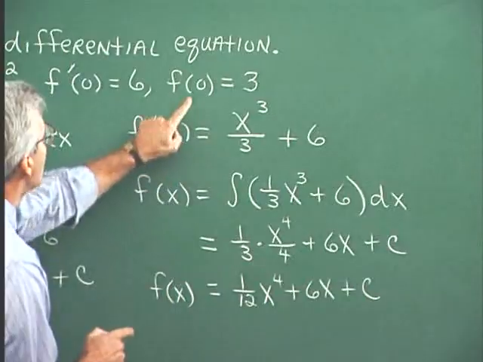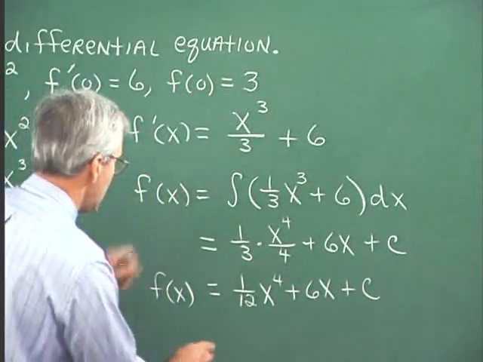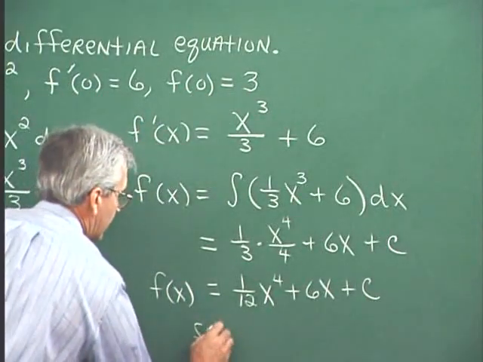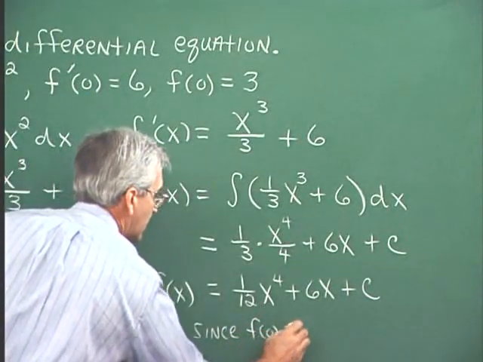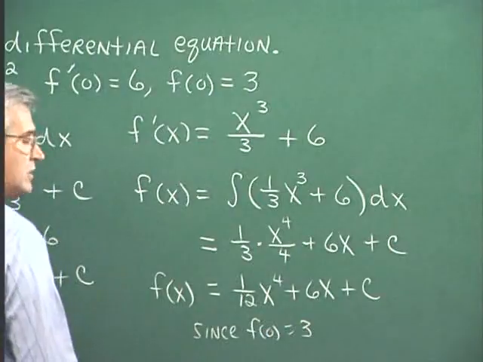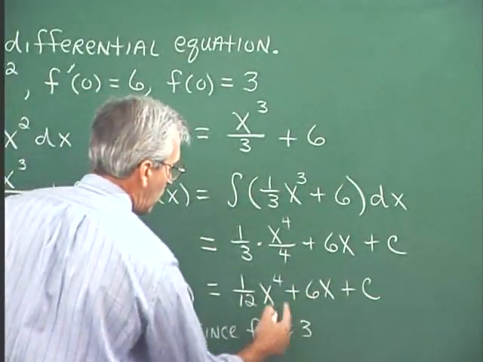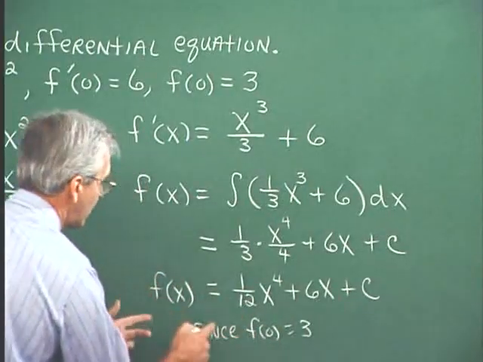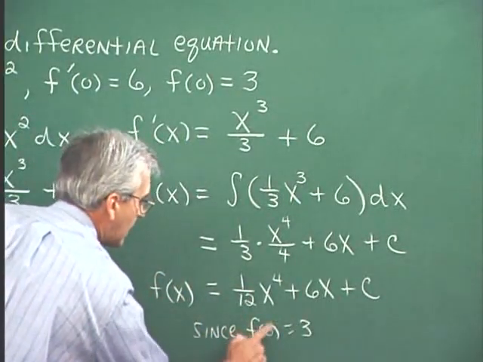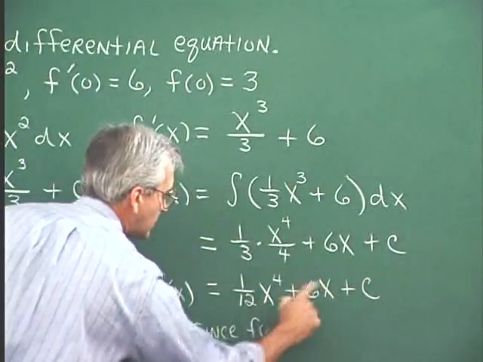because we know that f of 0 is 3. Now, it just means that when x is 0, y is 3. So we can see through this rather quickly. If x is replaced with 0, these terms go out.